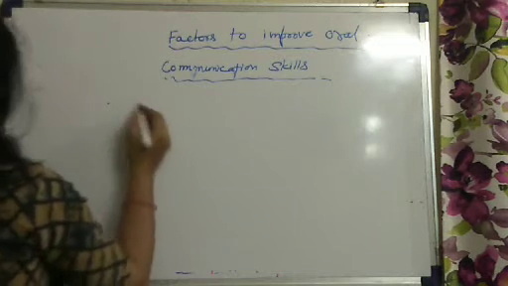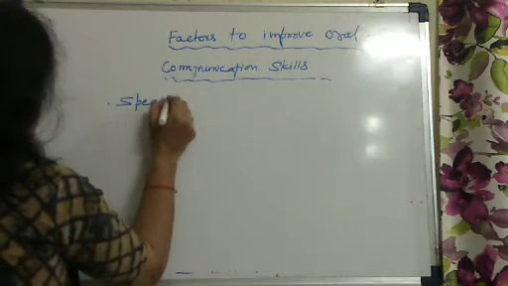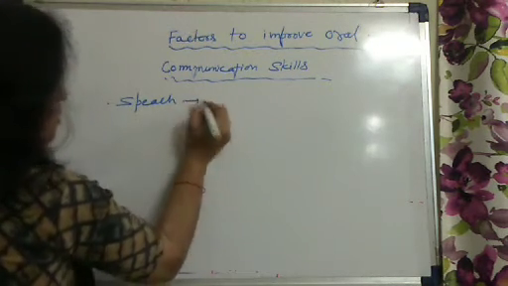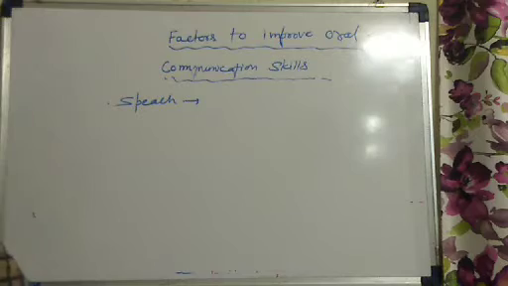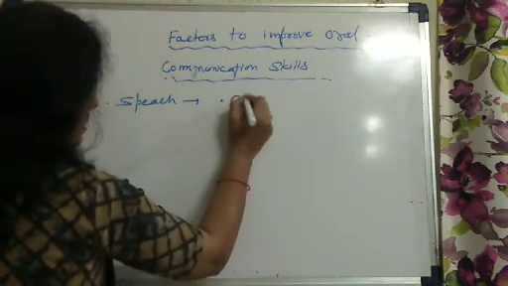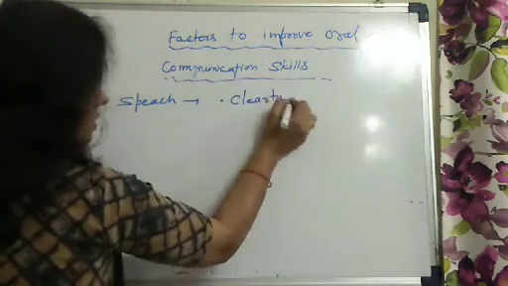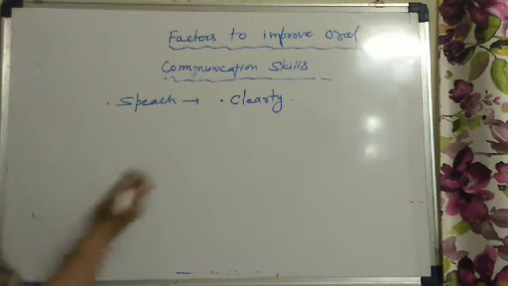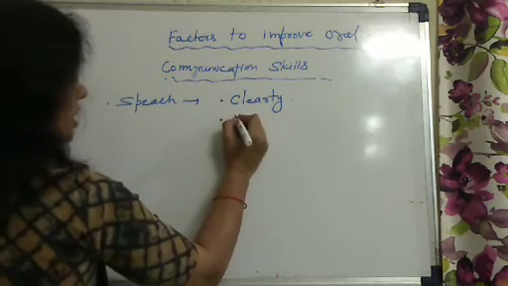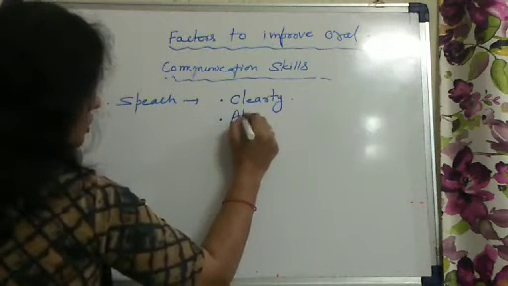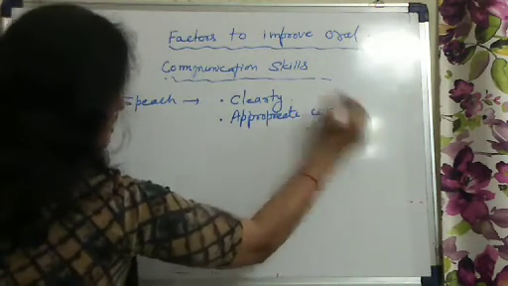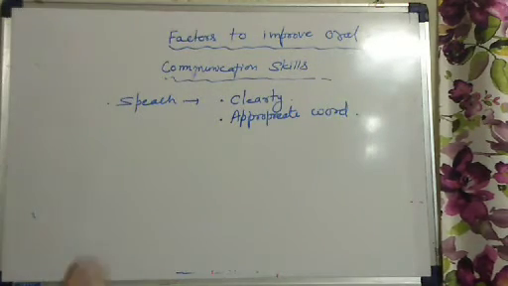The first one is speech. Your speech must be very clear. There should be clarity in the speech. You should use appropriate words in your speech, a collection of appropriate words, and there should be clear pronunciation.